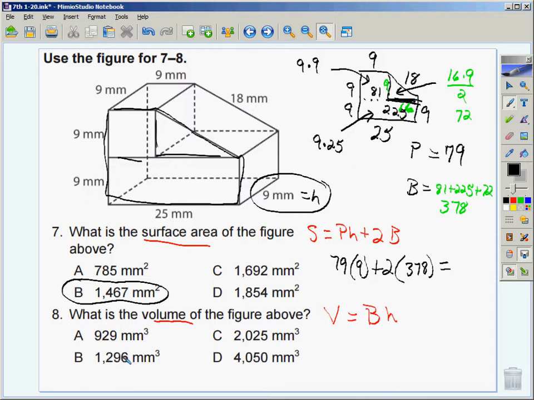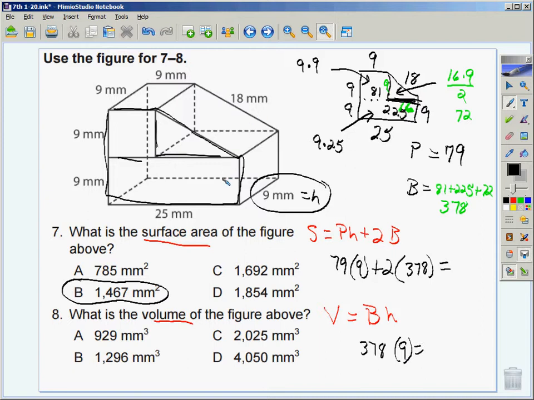Now, number 8. By the way, bad book question. And here's why. Could anybody find the answer? No. Why? Because it didn't give enough information. No, we know the base. It's 378. We know the height. It's what? 9.